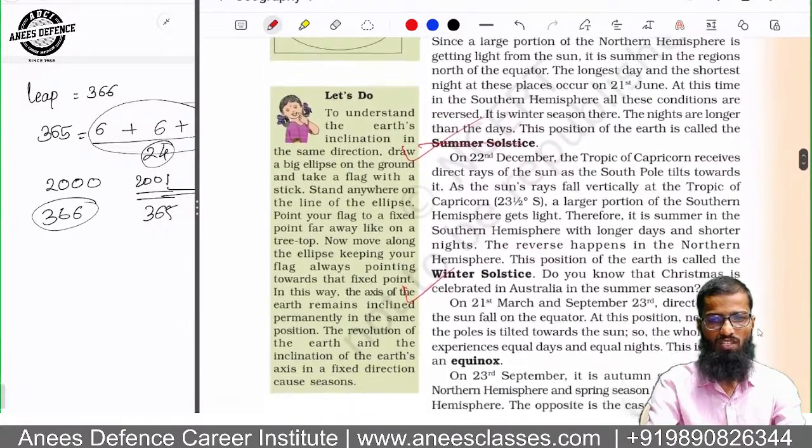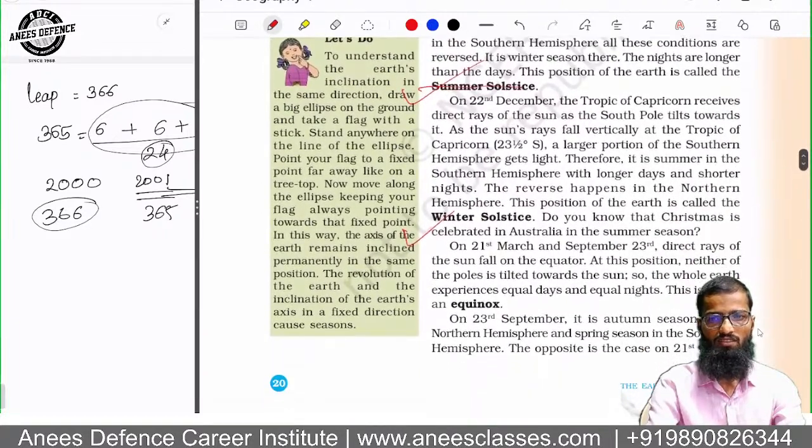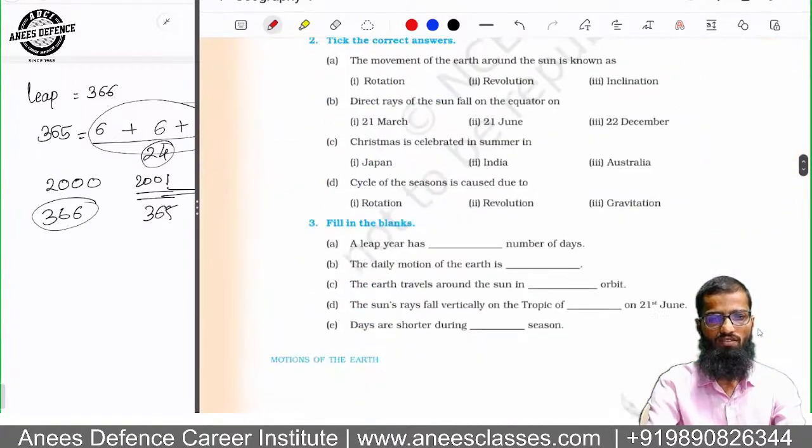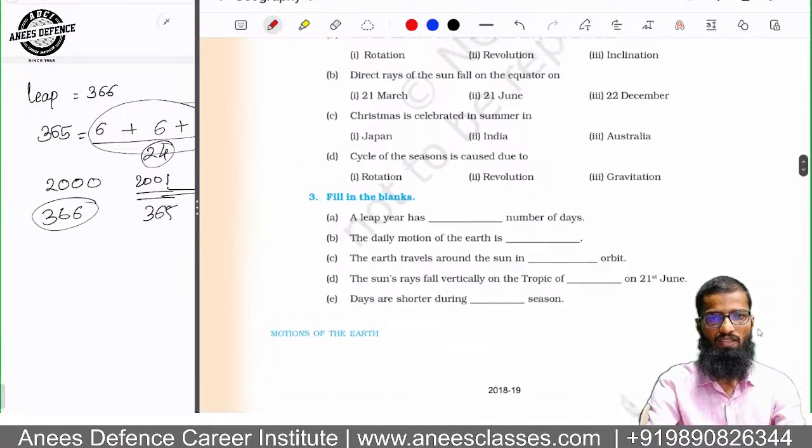On 21st March and 23rd September, direct rays of the sun fall on the equator. तो अब देखो 21st March आता है, so you will get the answer as 21st March.